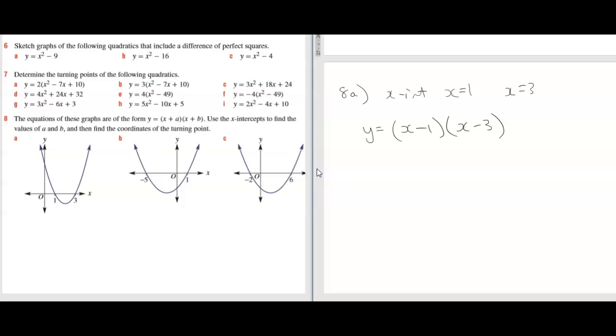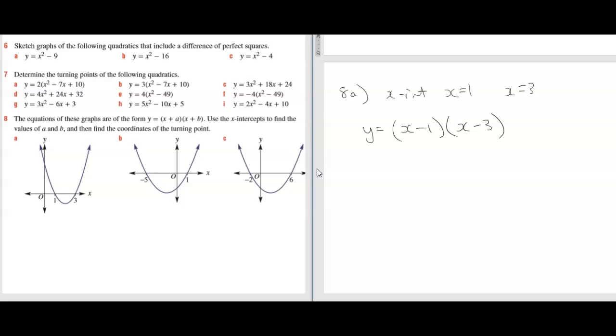Okay, because remember when we solve this, we get x equals 1. So your sign isn't x plus 1, it's x minus 1. So we're kind of doing the reverse now. Before, we factorized and graphed; this time we're using the graph to get our factors. So x minus 1, x minus 3.